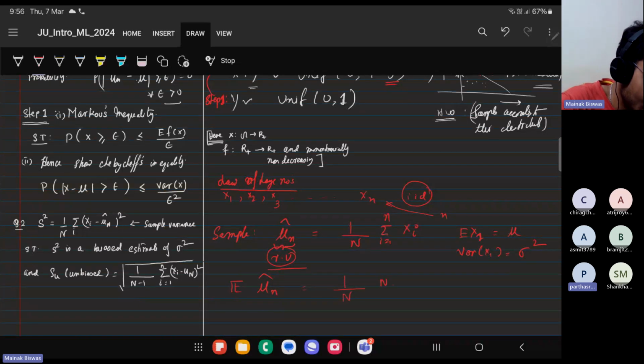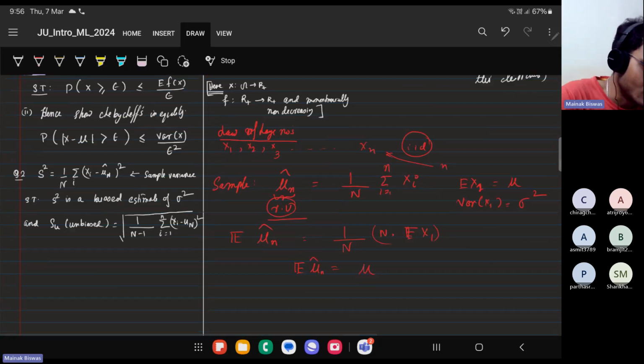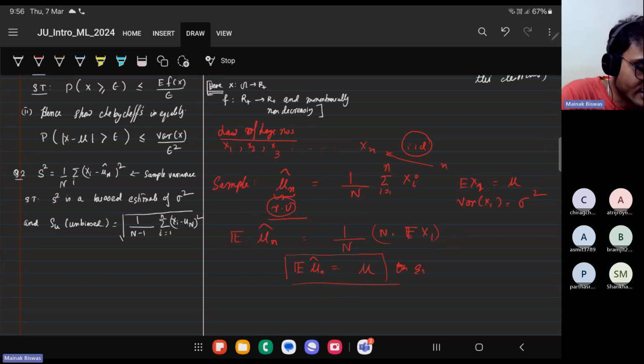Break it up over each i, get expected value of X1, and then n mu over n. So this is nothing but mu. Do you agree? So see, on expectation, your sample mean is same as the actual mean.